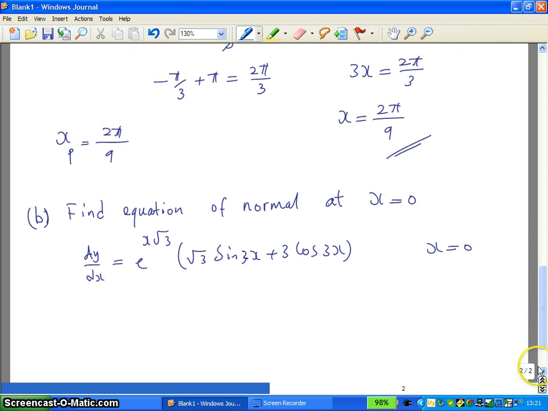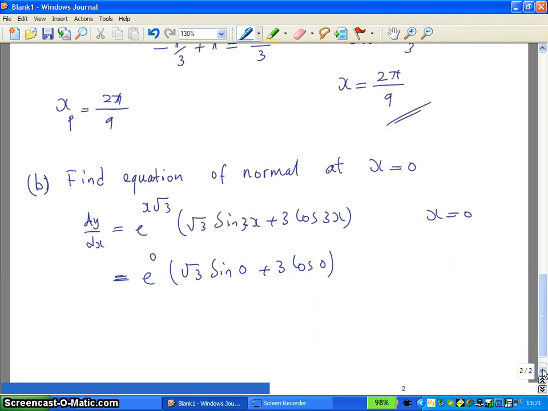So we need to work out the derivative at x equal to 0. Substitute 0 for x, so we get root 3 sine 0 plus 3 cos 0. Further, e to the power of 0 is 1, and root 3 sine 0 is 0, plus cos of 0 is 1, so we get 3.